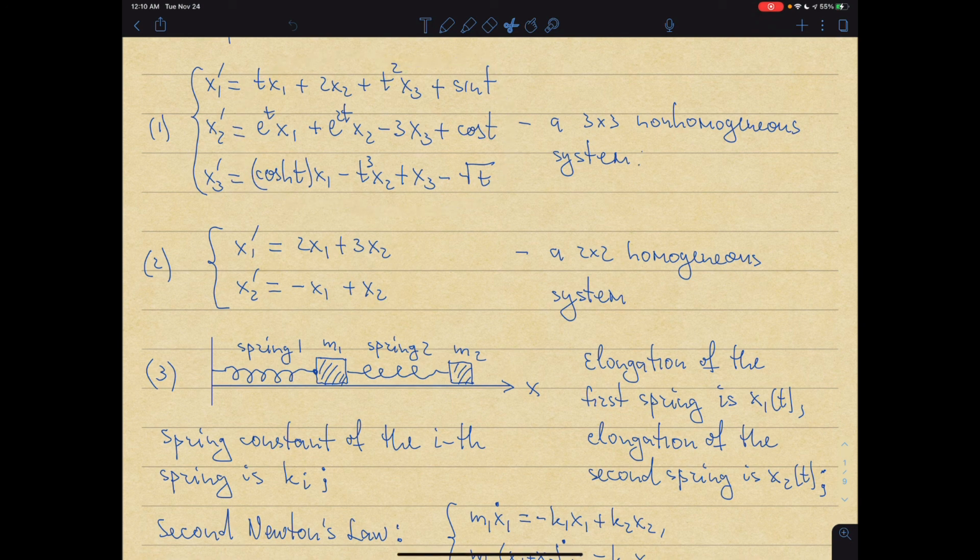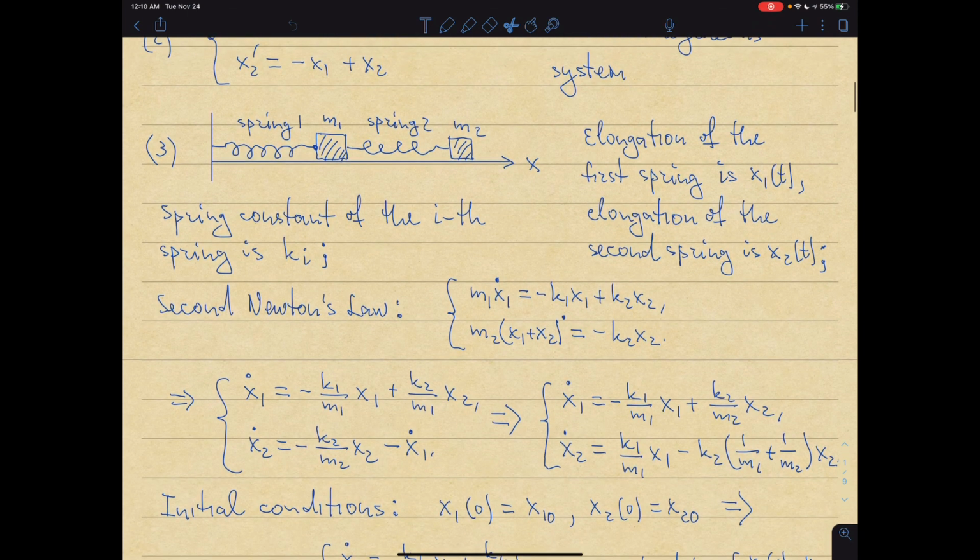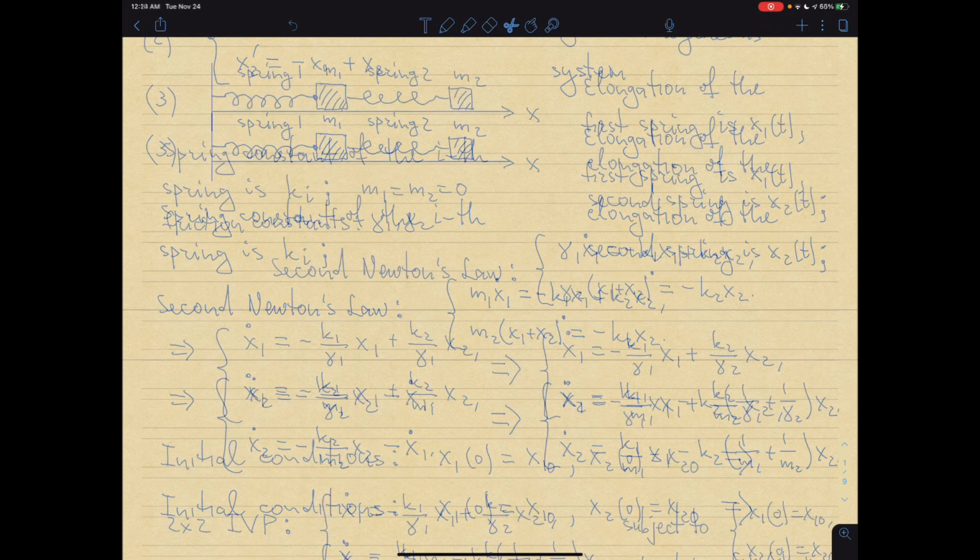Now let's see whether this does or doesn't have a physical relevance. We can do our usual example with springs. So unlike the situations that we considered previously, where we had one spring with a mass, let's suppose that I have two springs.